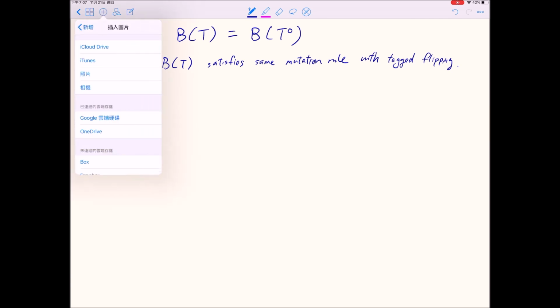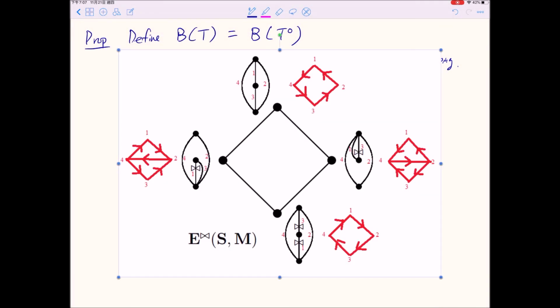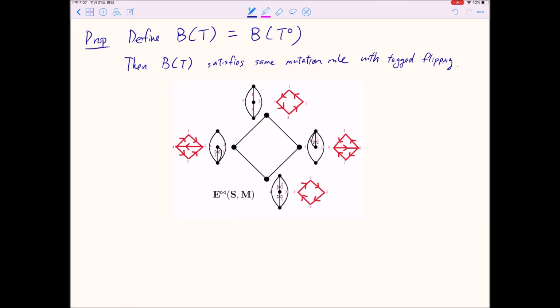As an example, this is the cluster complex, the arc complex for the tag version, and you can see that this is the diagon flip, this is also the diagon flip, and the diagon flip here is flipping vertex three, and you see that it is the same as just mutating at vertex three, and that this vertex and this vertex are really the undone version, and they share the same exchange matrix.